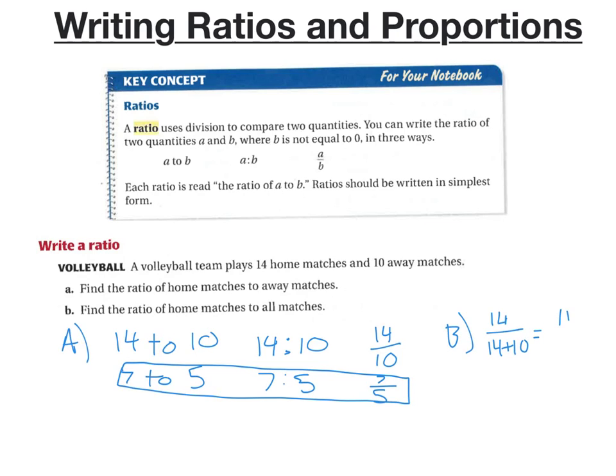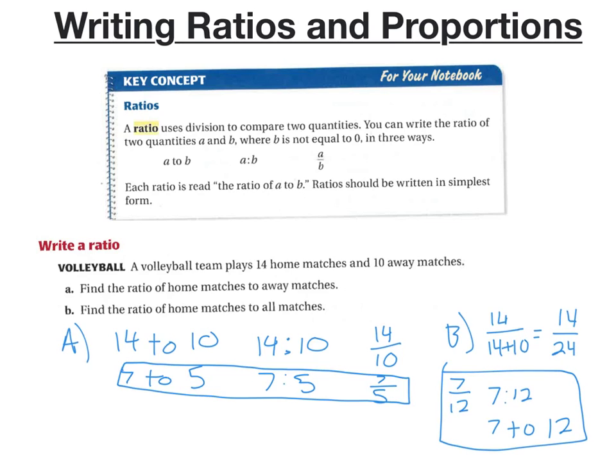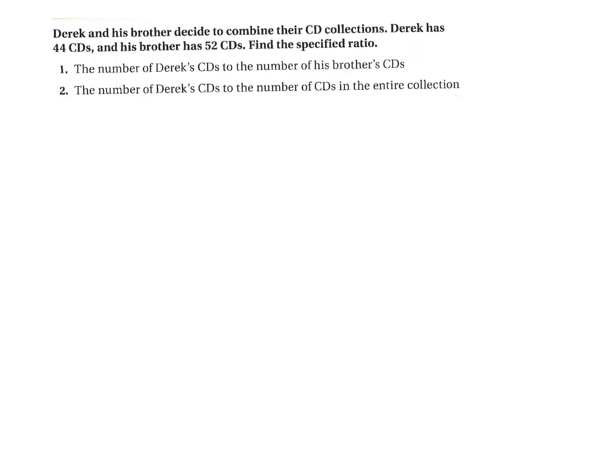So actually that's going to be 14 over 24. And when I simplify, I divide them both by 2 because they're both even numbers. I get 7 over 12. So I can write that, and like that. Sorry, I didn't have a lot of room there. So that's how we can write ratios for a situation.